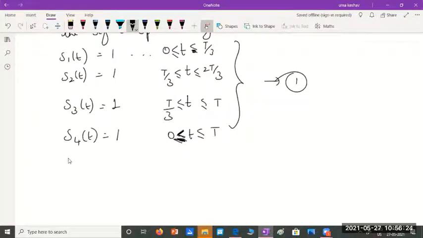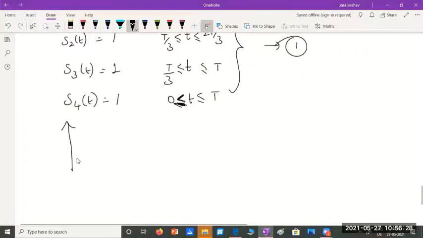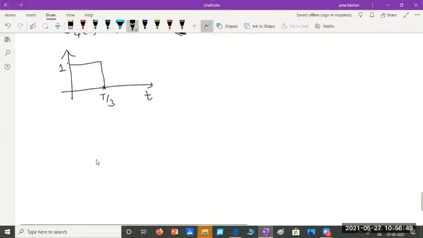So here S1 is 1 in which range? 0 to T by 3. This is S1.